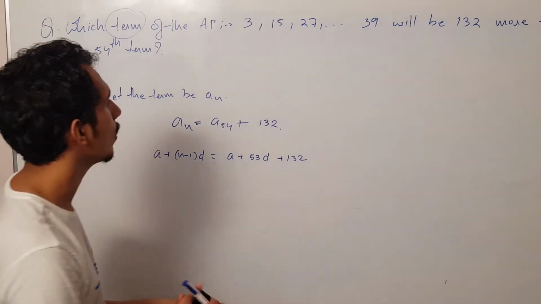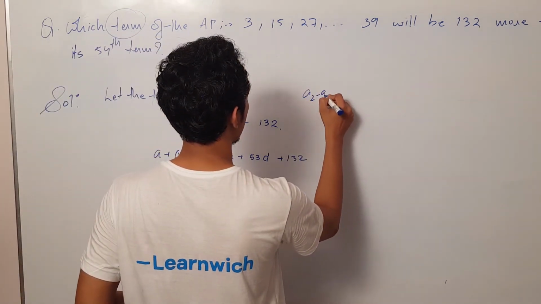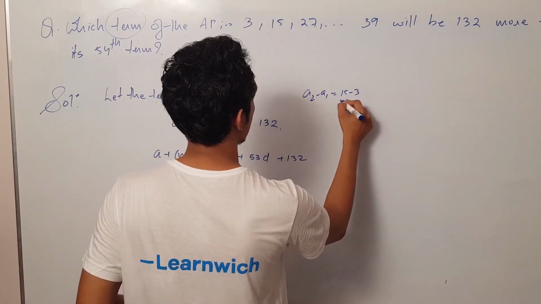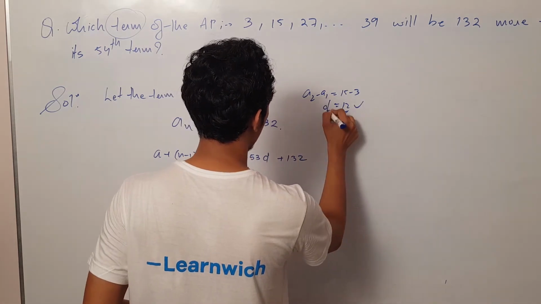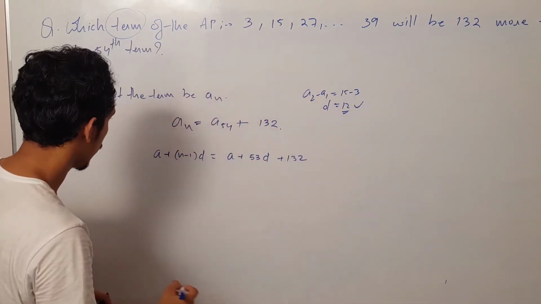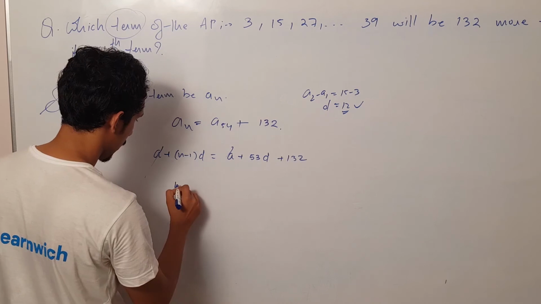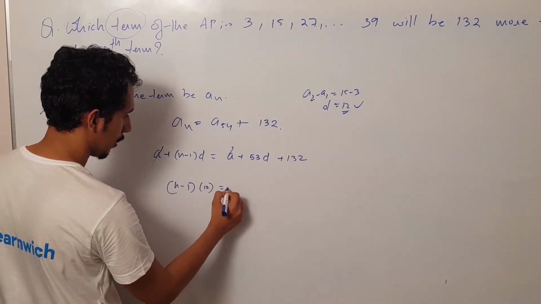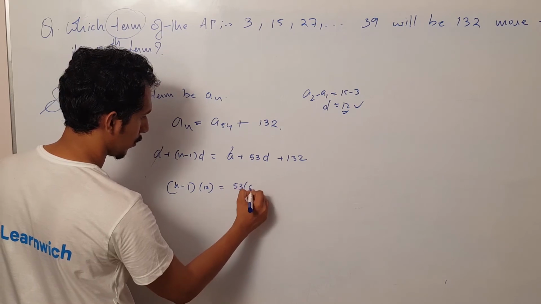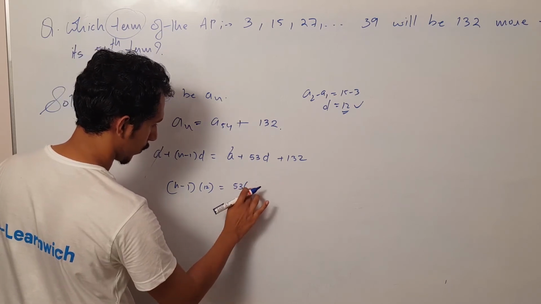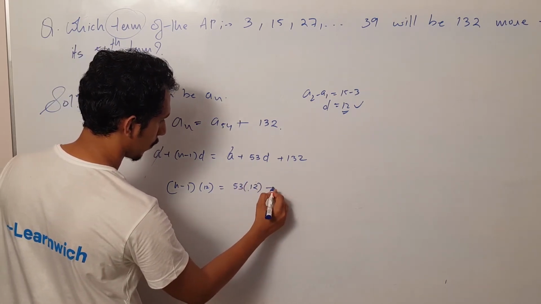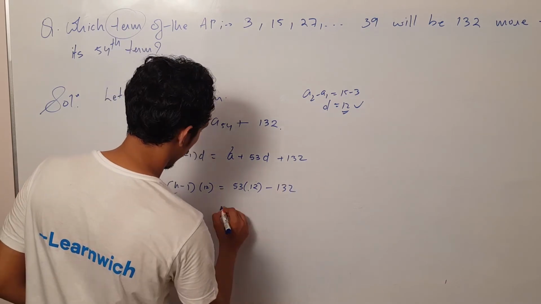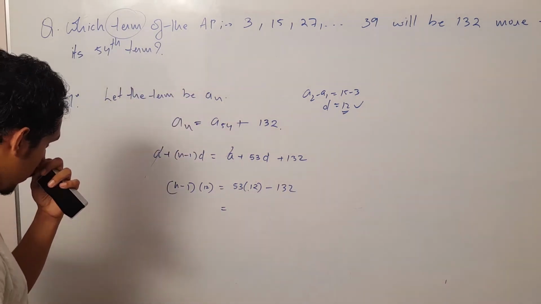So we have to find out d. So simple. a2 minus a1 is 15 minus 3 is 12. Okay, I got d also. So substituting the value, this a gets cancelled out. n minus 1 into d, which is 12, is 53 into d. Oh, d is 12 here. 53 into 12 plus 132.